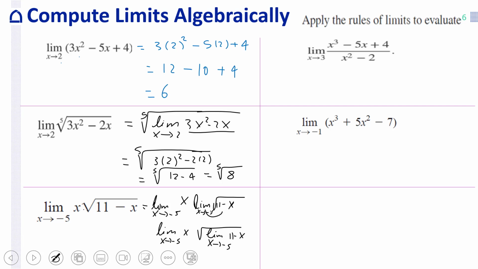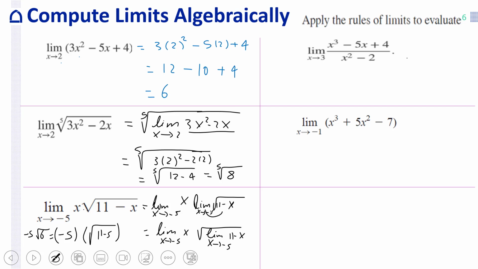Now you can substitute straightforward because you have a polynomial. When you plug in x equal to minus 5, you have minus 5 for the first one, and the square root of 11 minus 5, which is the square root of 6. This is how it works.